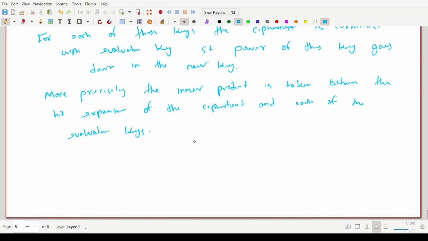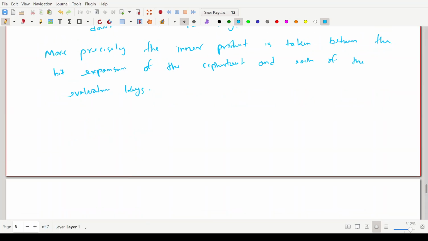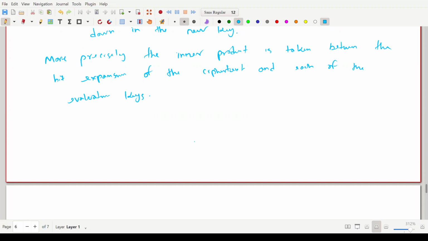Let us try to relate this with our previous example. Because in that case, I have to find the evaluation key of F2, correct? What is the evaluation key of F2? It will be HS plus 2E plus power of F2.